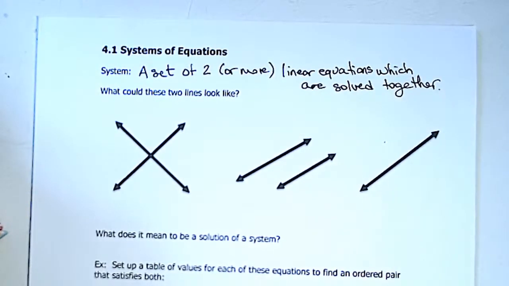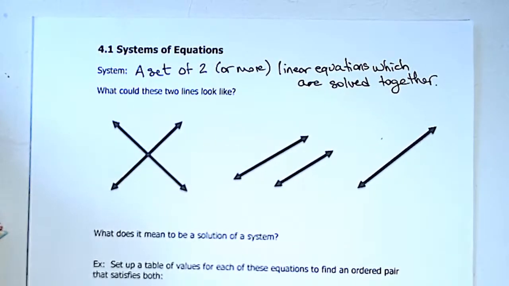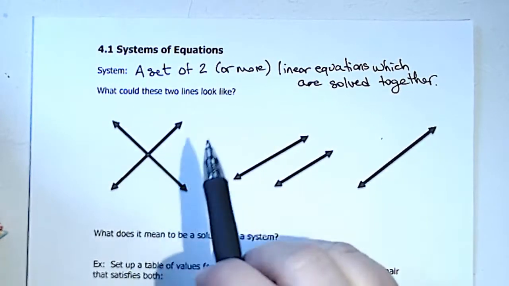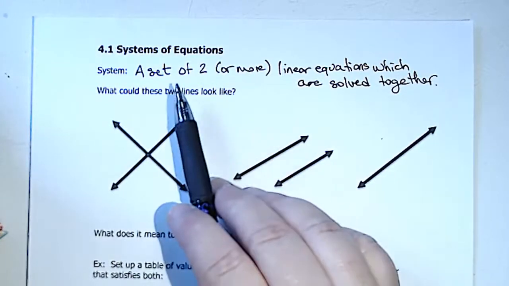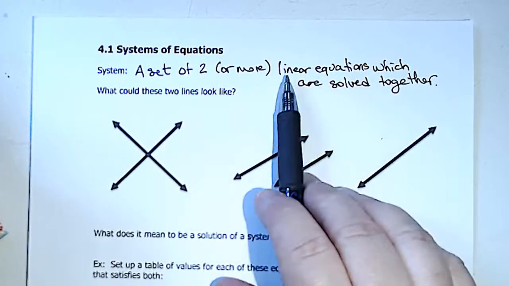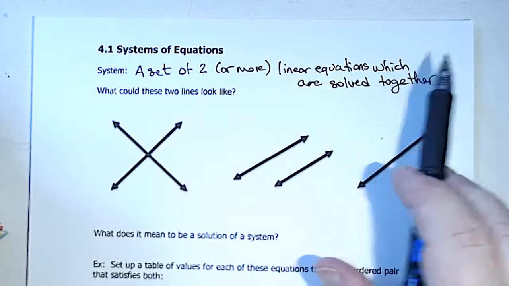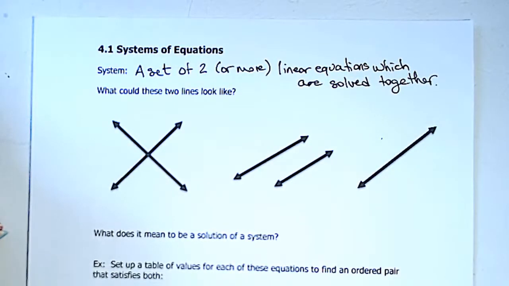Which is more human than math. That's kind of regular speak, not math speak, but I think it fits what we're trying to do. We're going to take two or more, but for us it's going to be two linear equations, in other words lines, which are going to get solved at the same time.